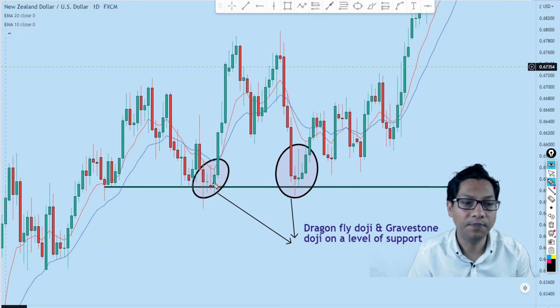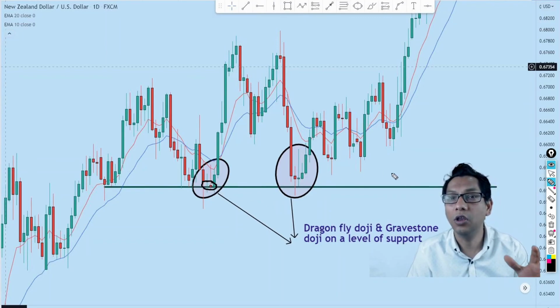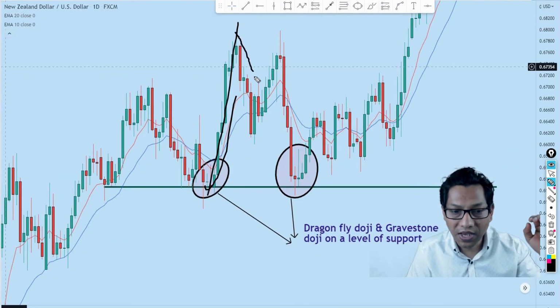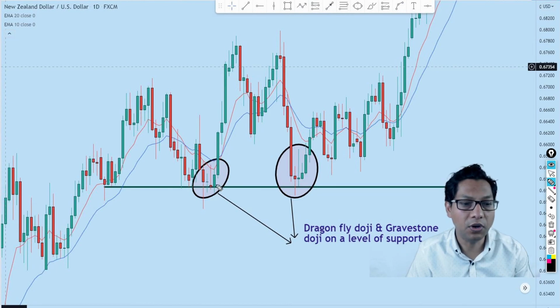And then what happened, we see that one gravestone doji formed, and another one is a long legged doji, so there are back to back two doji, one long legged and one gravestone doji. After that, the price rallied a lot to the moon, and from there the price came back again after a couple of days to the same place, because it has acted as a support twice.